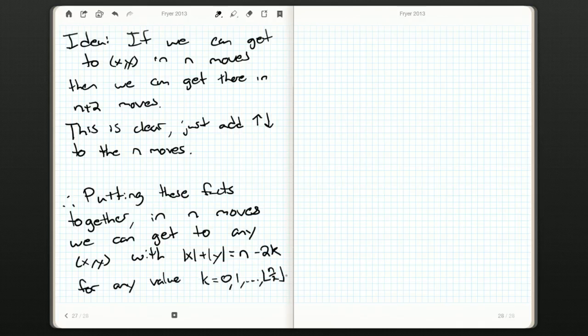So we can get to any location where the absolute value of x plus the absolute value of y is less than or equal to n, and has the same oddness or evenness as n. That's exactly what we're saying here.